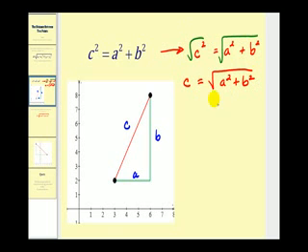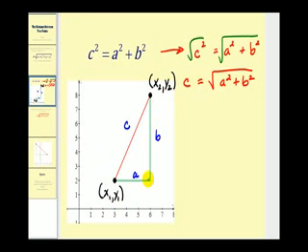Now remember that a is just the length of this leg here, and b is the length of this leg here. Now if this right triangle was on the coordinate plane, we could call the coordinates of this point x1, y1, and we could call this point here x2, y2.